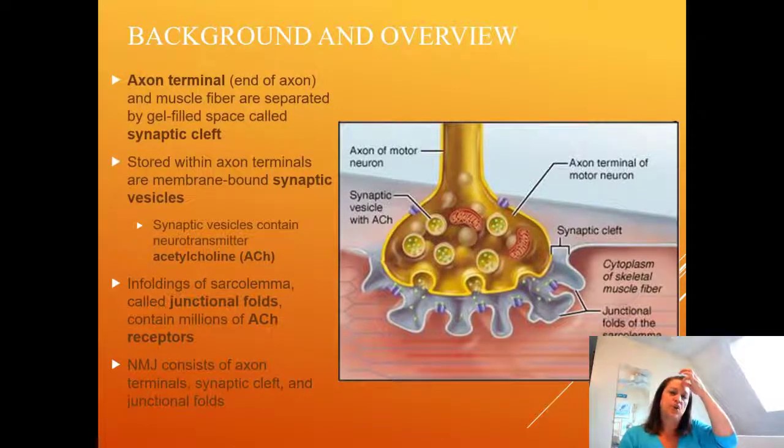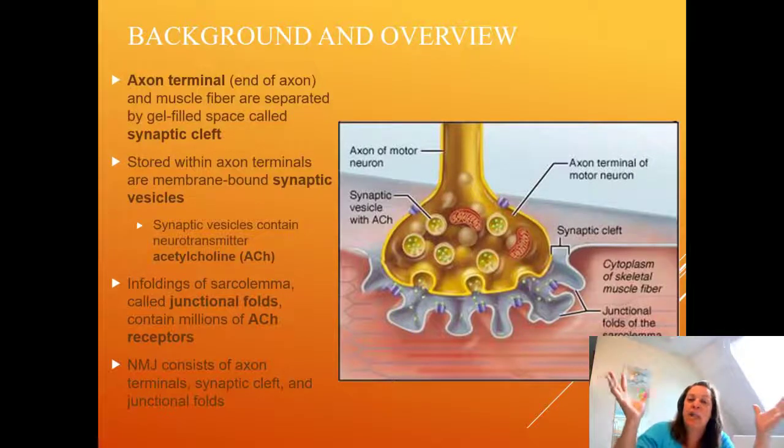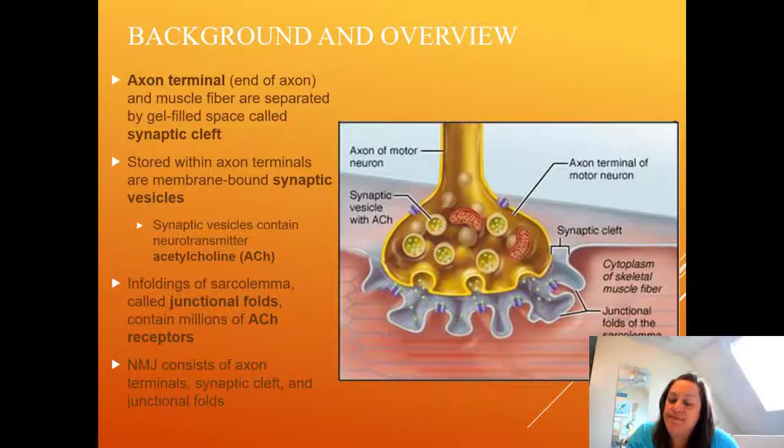So when the message goes from the brain down the axon, it's going to trigger that acetylcholine, and you'll see that at the bottom, to release into that area called the synaptic cleft. The little greenish yellow dots bind to those chemically gated ion channels, so they open up and sodium can move. Fascinating. Still haven't talked about calcium though, have we? We're getting there.